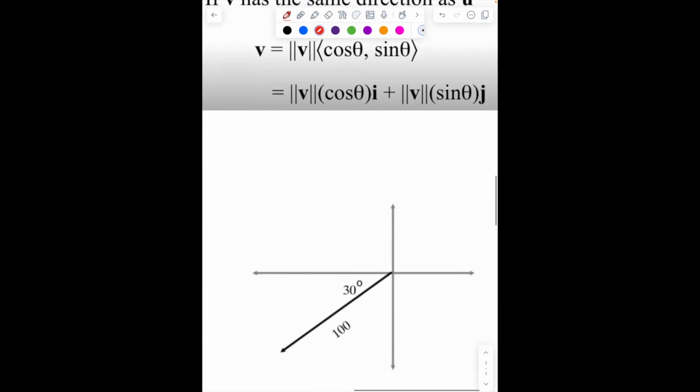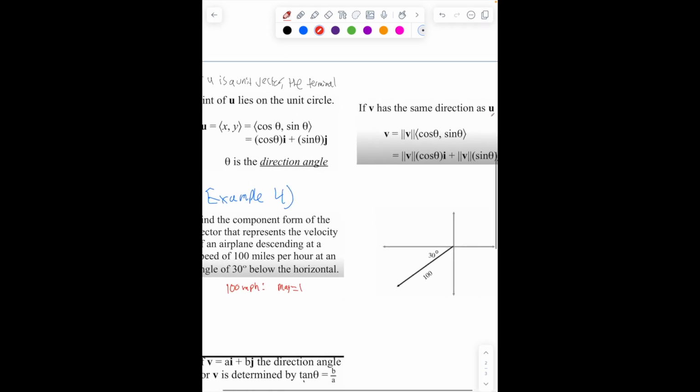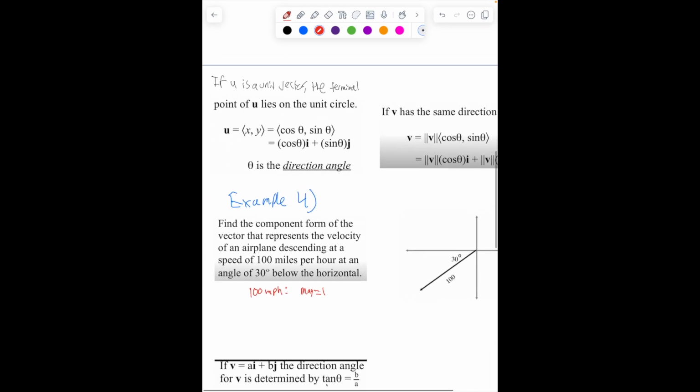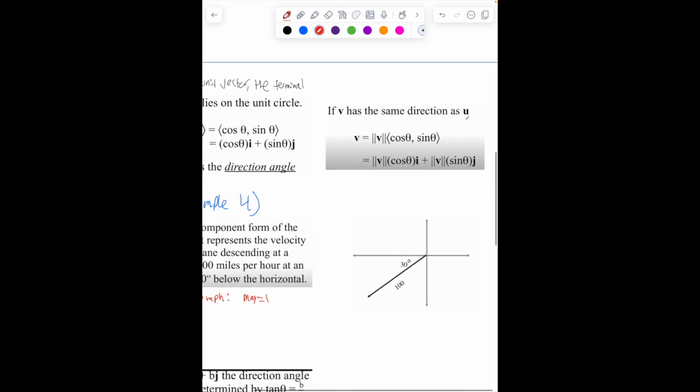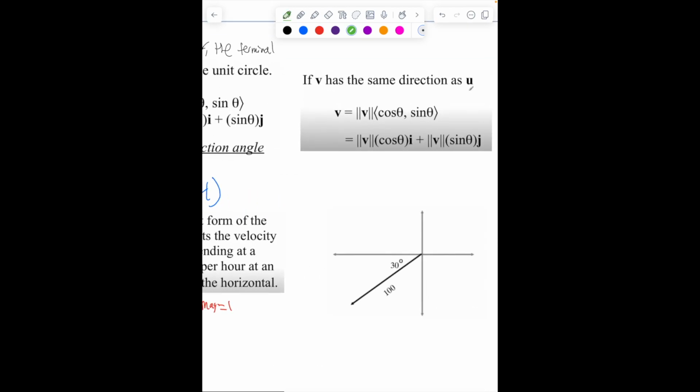I'm going 30 degrees below the horizontal, and I'm flying at 100 miles an hour. I'm starting here, 30 degrees below the horizontal, but this right here is 180. So 180 plus 30 is really 210 degrees.